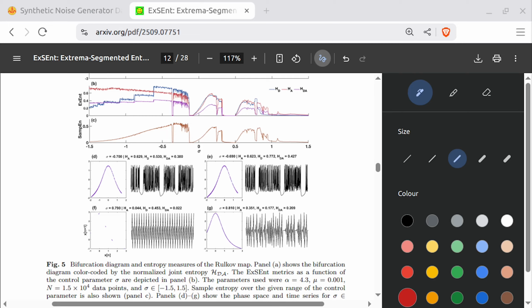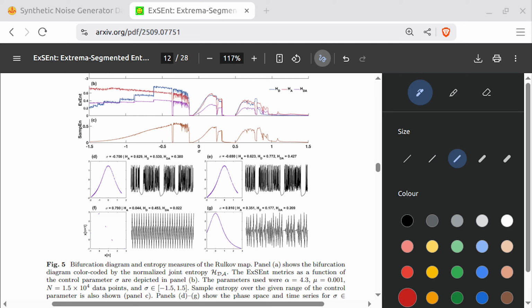Okay, so just explaining it to a high school student, what's the point of D, E, F, and G? Are those waveforms meant to represent biomedical data like EEG and ECG? For a high school student, panels D through G are showing you different snapshots of what the Rössler map's behavior looks like at specific settings of its sigma knob.